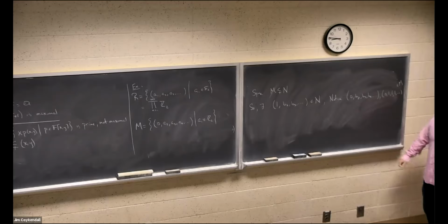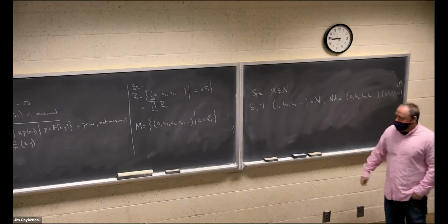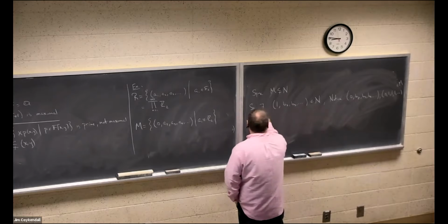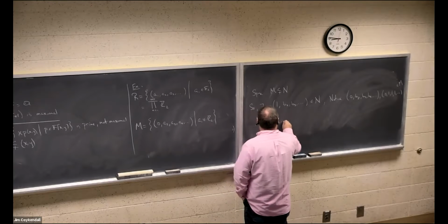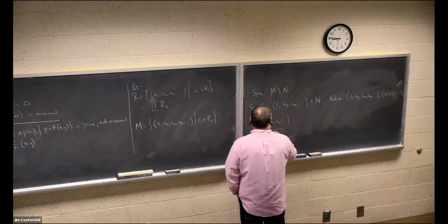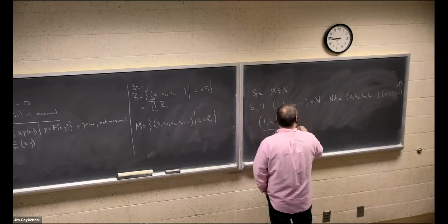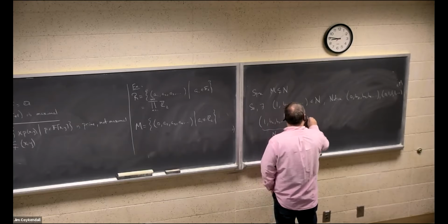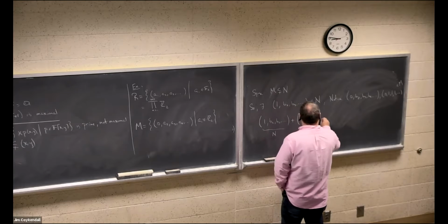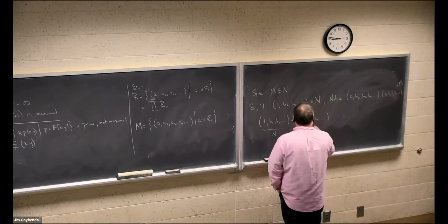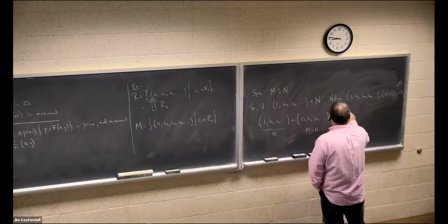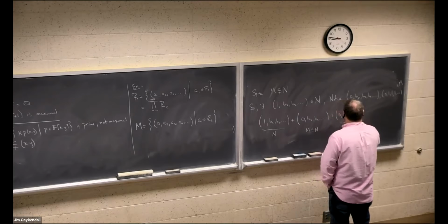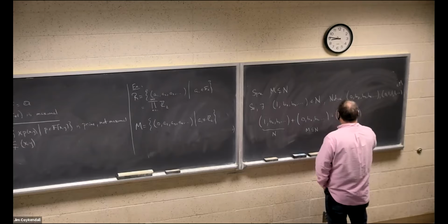So they both got a 0 at the head. So what we have is 1, B2, B3. This is in N. This is in M, which is contained in N. And this is in M, which is contained in N.